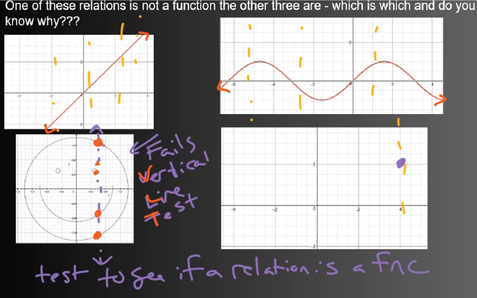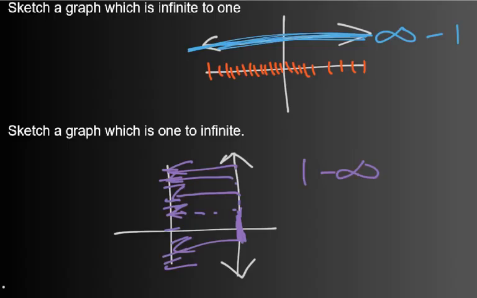And so basically the way I tell students to do this is take their pen or pencil and you kind of sweep it across the graph or the picture. And if you can find anywhere where the vertical pen hits more than 1 spot, it's not going to be a function, okay?